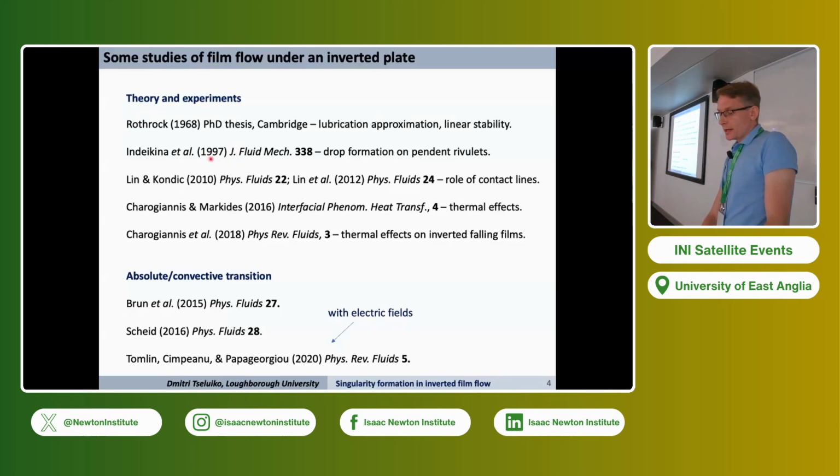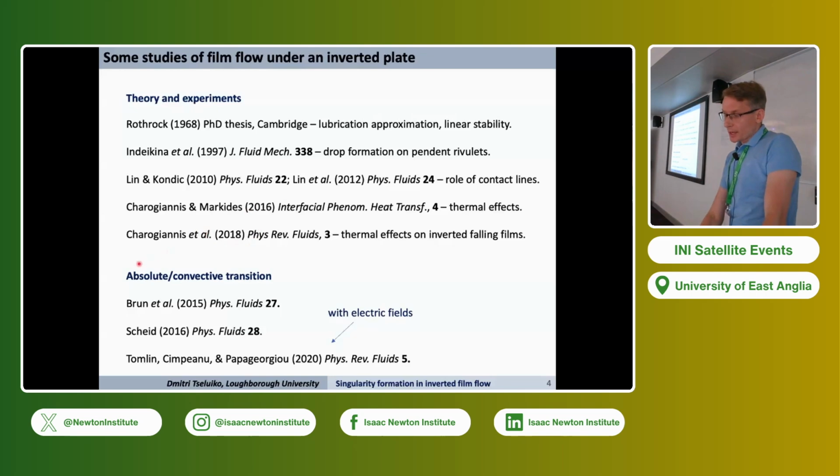thin film equation. Tashen Lin and Lou Kondich in 2010 analyzed the role of the fronts and associated contact lines on the formation of instability and waves, and this was extended to 3D in 2012. Karogiannis and Markidis analyzed experimentally the temperature effects on liquid films flowing over inclined planes, and then this was also extended. Some preliminary experimental work was done on inverted liquid films.